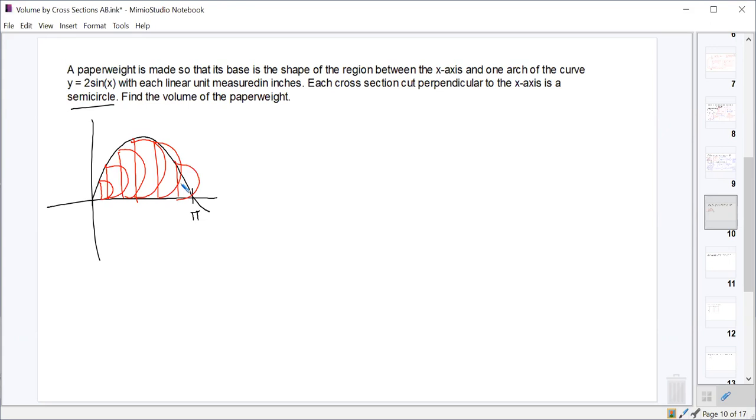Okay. What is the thickness of one of those semicircles? dx. I mean x. It's in the x direction, so it's dx. And what's the area of a semicircle? Should be 1/2 pi times the radius squared, right? So all we need to do is integrate from 0 to pi, 1/2 pi, I can put that constant out in front, times the radius squared dx, which means what do I need to do with my radius?